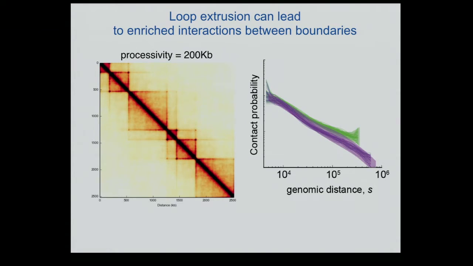Boundary elements are set in the simulations. They're fixed. In this case, we just place them at specific positions. We've also done random placement, so ask me at the end, and I'll show you a slide at the very end of the presentation. So in this case, we just place boundaries and cohesins exchange.